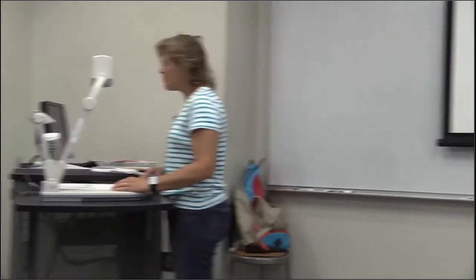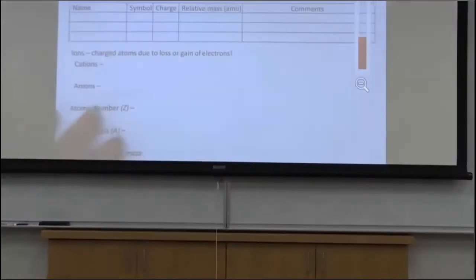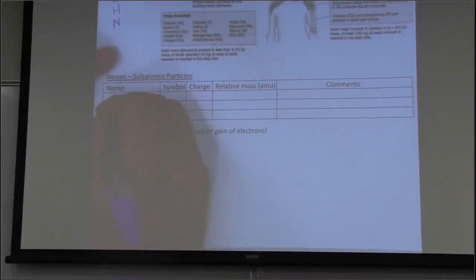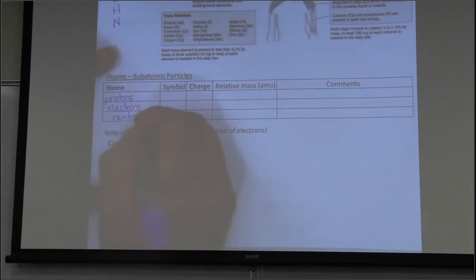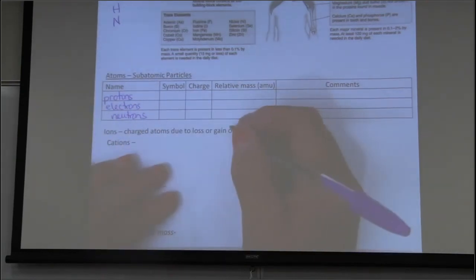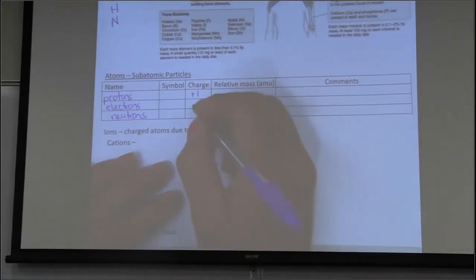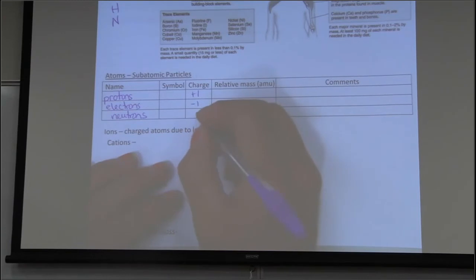Now, the subatomic particles, like I said, I bet you've had this for a long time, so let's quickly go through these. Who are they? Protons, electrons, and neutrons. What's the charge of protons? +1. Electrons? -1. Neutrons?